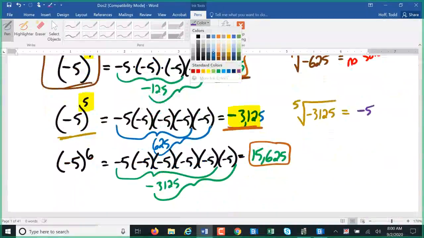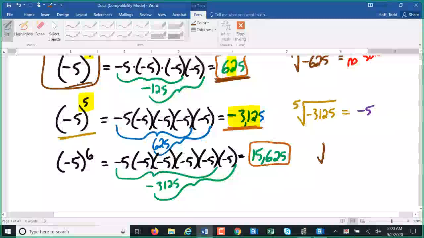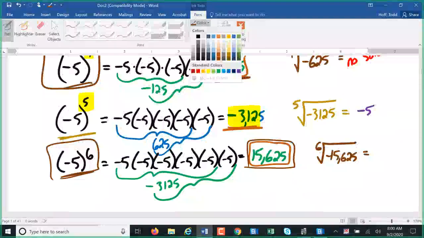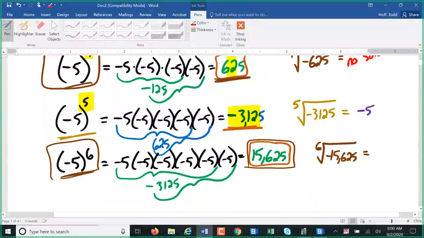And for the sixth root here of negative 15,625, well, again, we just saw that negative 5 to the sixth power is a positive 15,625. So there is no negative number that we can take to the sixth power because any negative number to an even power will always be positive, there's no solution to this as well.